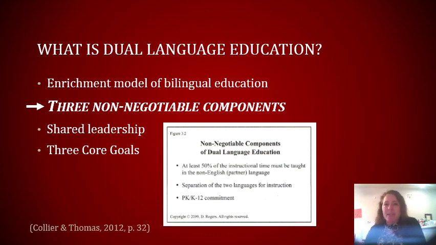The second component is the separation of the two languages for instruction. And the authors, Collier and Thomas, of our text that we used for this course, discussed the research that was done on transitional bilingual classes, and they talked about language switch.